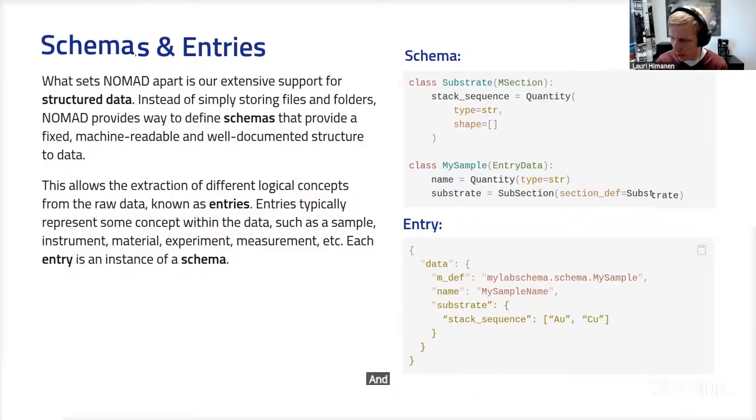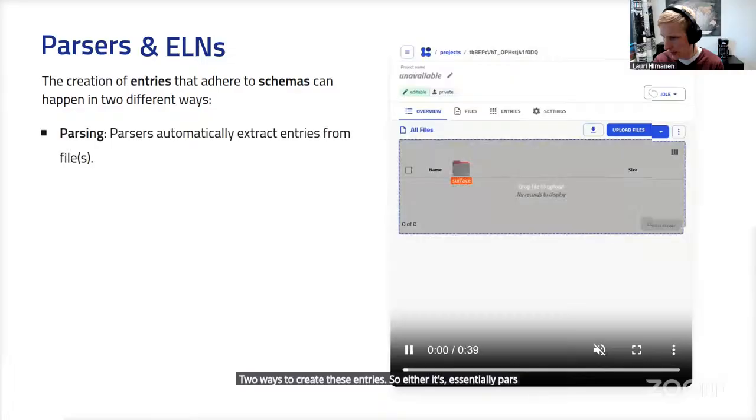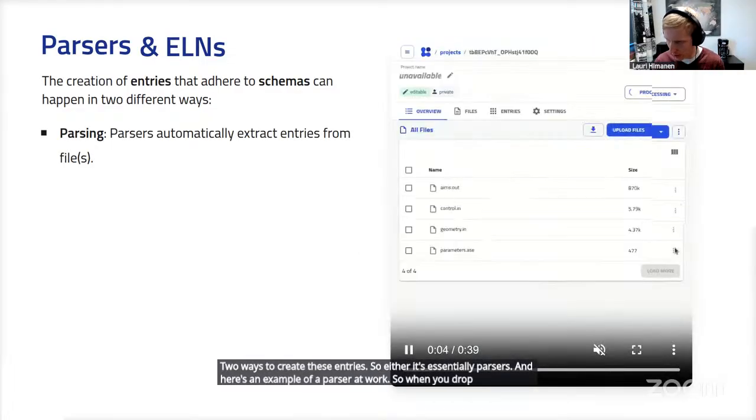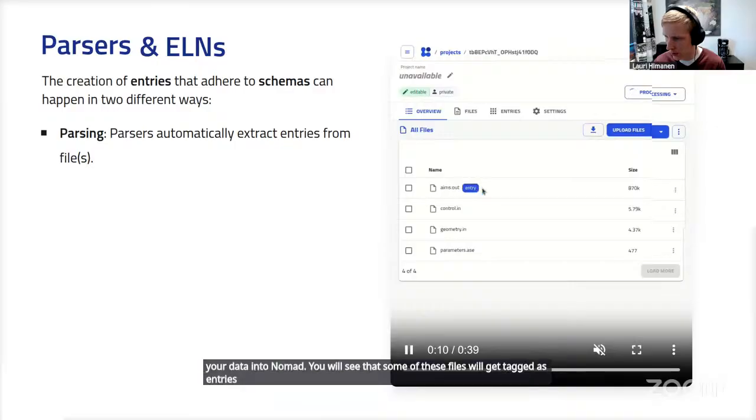And essentially how this can be done in practice, we have two ways to create these entries. Either it's parsers, and here's an example of a parser at work. When you drop your data into Nomad, you will see that some of these files get tagged as entries. For example, this file was tagged as an entry.